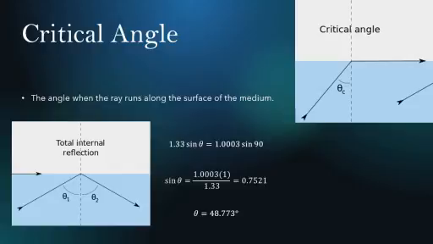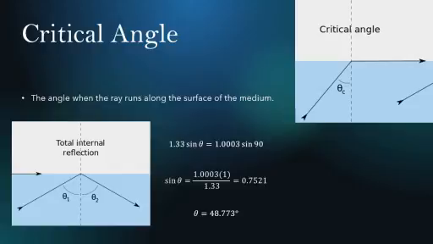The angle, which is what we're trying to find, how far of an angle do we have to move down until we hit that critical point. So sine theta is equal to the new medium, air's is 1.0003, times sine of 90 degrees, because if you have that critical angle, you have created a 90-degree angle with the normal.